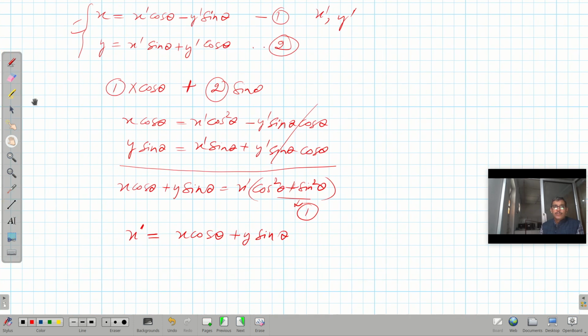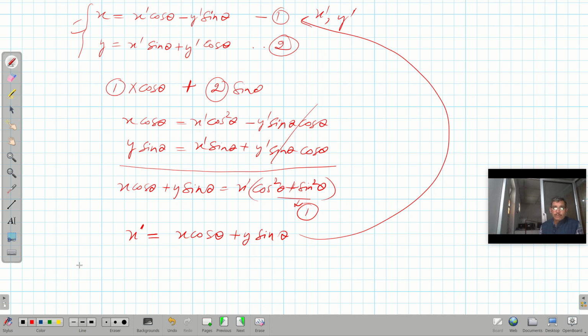Right? So if I put this value in equation number 1, what will it become? Because I need to find out now y prime, that means I have to eliminate x prime. So for that I am using this value in equation number 1.